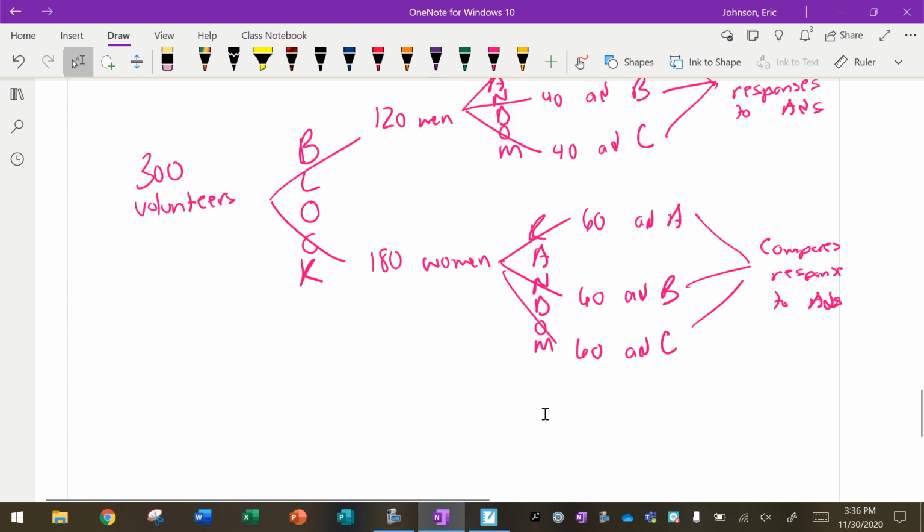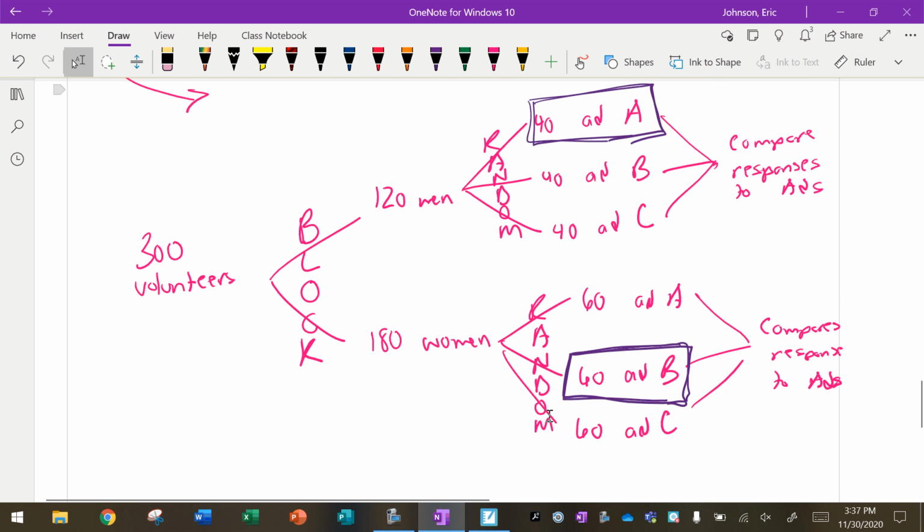But then we also found that women had the most positive response to advertisement B. So this is the ad we're going to run on stations that have a very high female demographic between 18 and 35 or 45 or whatever. So the blocking allows you to do that, to come up with different conclusions.